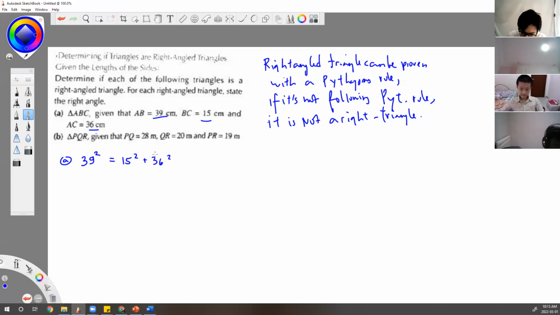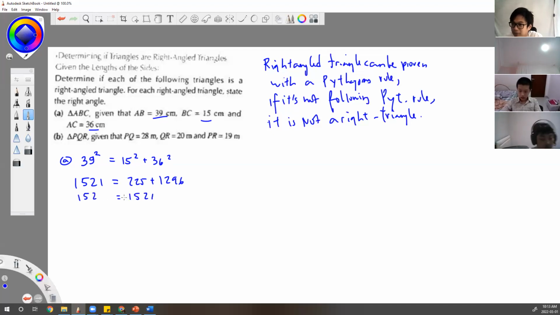Let's try 39 square using your calculator. 1,521. 15 square is 225. 36 square is 1296. If you add on the right side, 225 plus 1296, it is 1521. It is proven, right? So it is a right triangle. Right? You need to prove with the calculation.